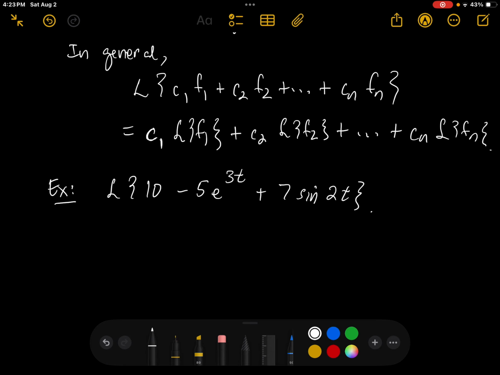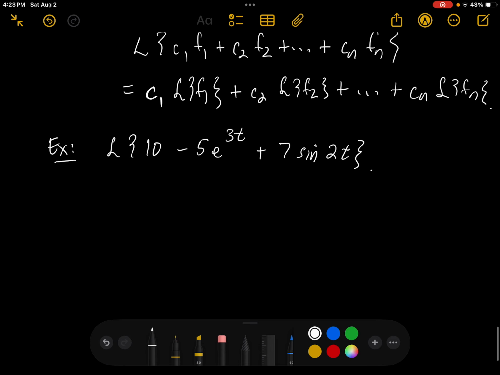Well, here we have, so 10 is 10 times 1, right? So we have this combination of functions. And we know the individual Laplace transforms.